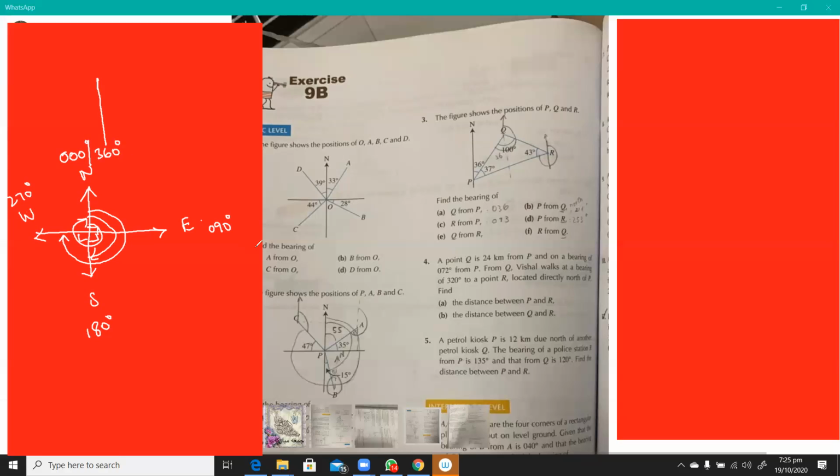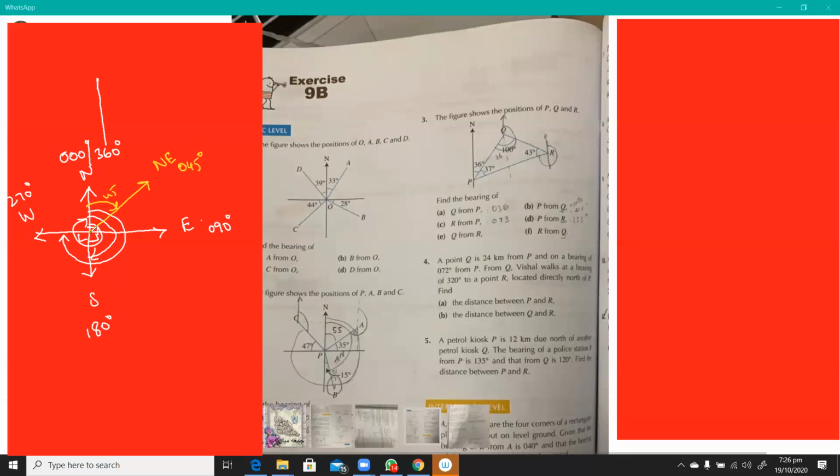We always write the bearing in 3 digits. Now, if something is going between the north and the east, this is called the northeast.